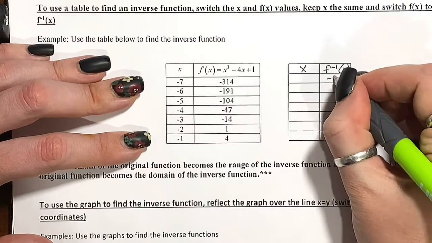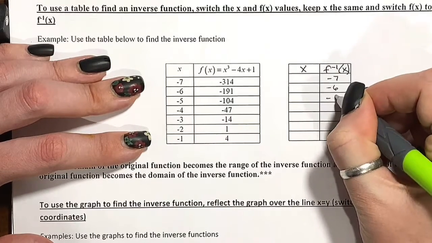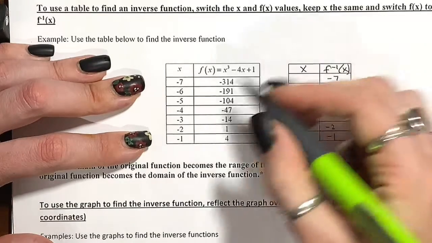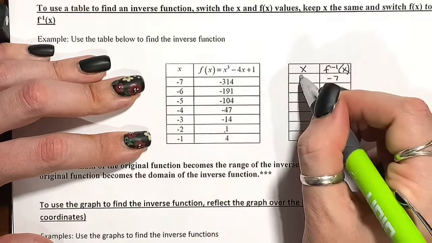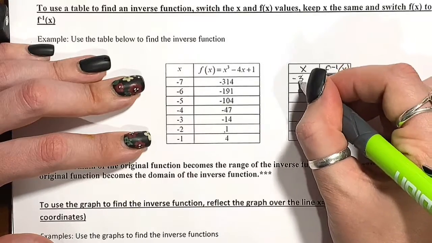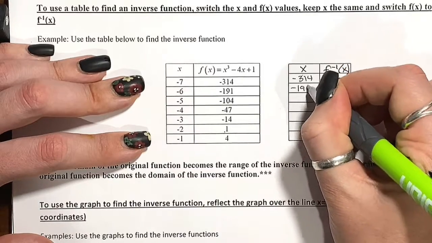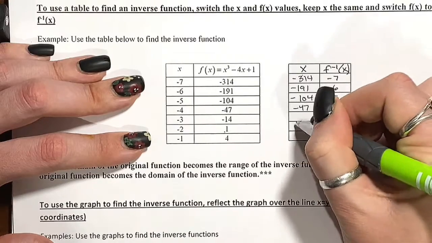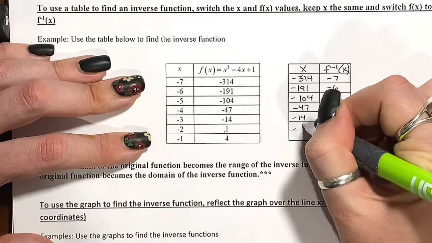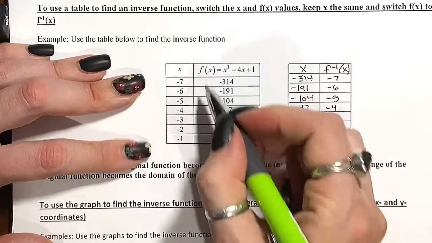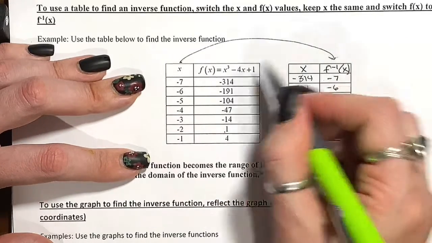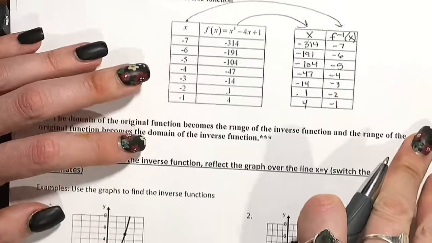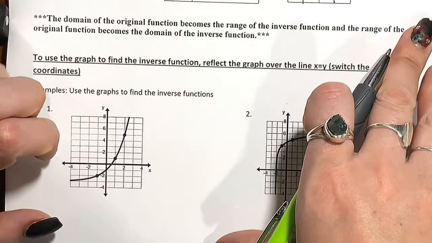So I'm going to switch the columns, -7, -6, -5, all the way down. And then the original y column is now going to be my x column. So it's pretty straightforward. You could literally teach a 5-year-old how to do this. So the x column goes to the y column, and the y column goes to the x column. So tables are nice and easy.